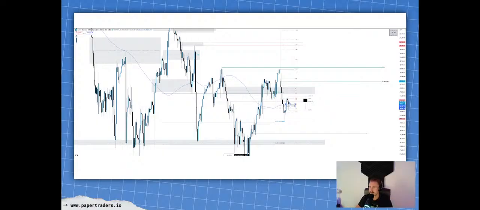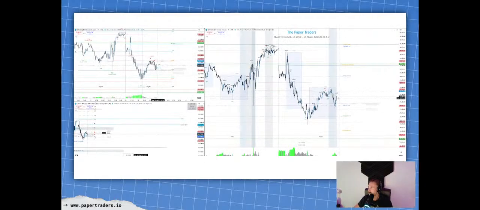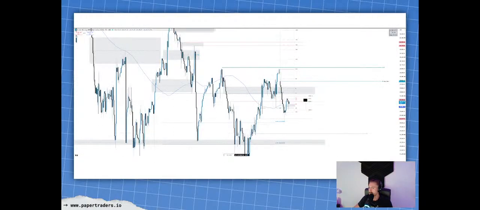We also are going to watch the PDL area, the PDL sweep area. If price remains above the PDL, we are going to be watching the PD 50% at 29,876.50.